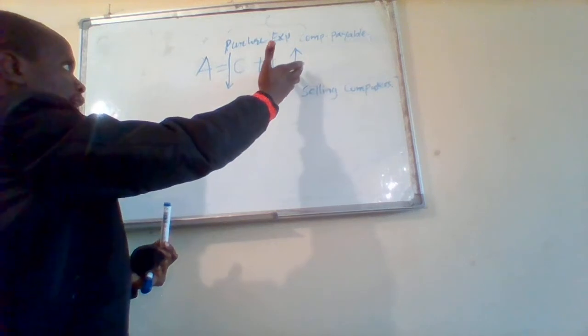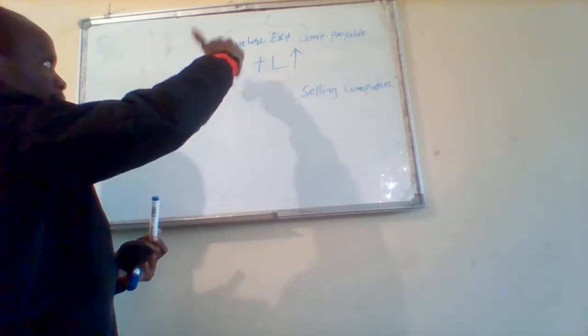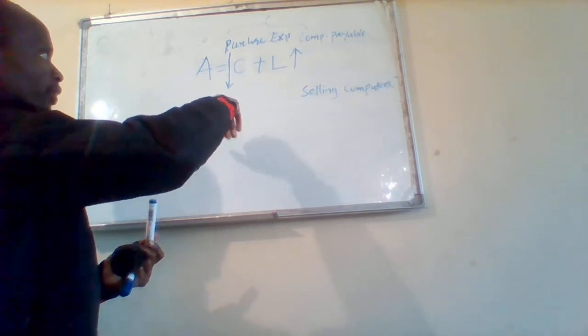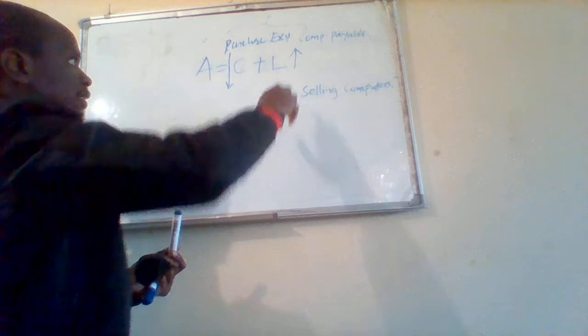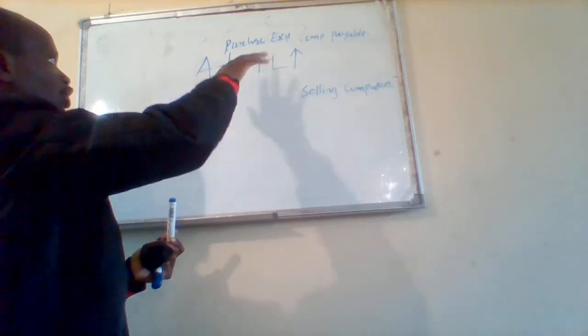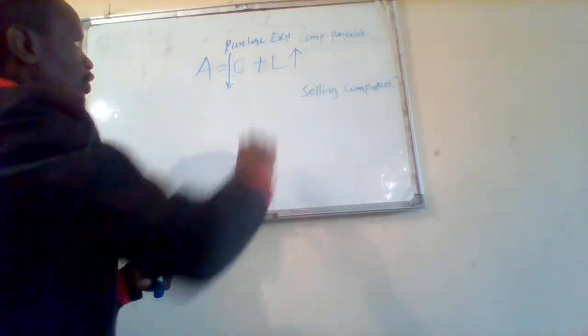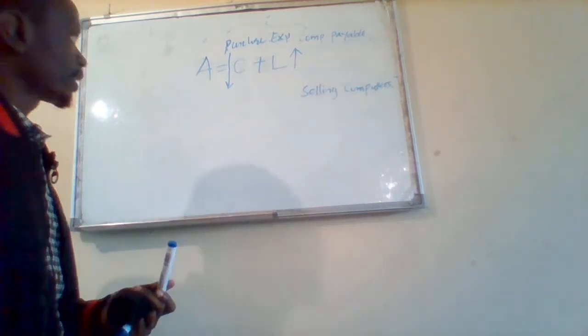Your obligations have increased. Your investment in the business, the worth of the business, has decreased by the purchase expense. So the net effect of the decrease and the increase is 0. So your accounting equation remains balanced. Okay.